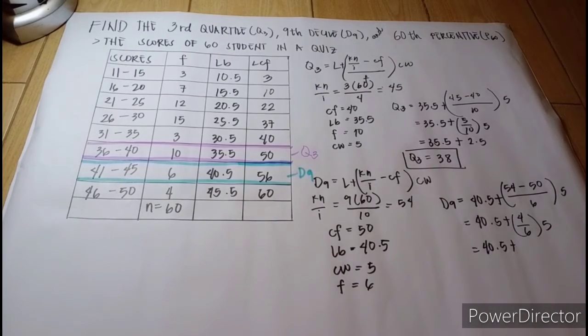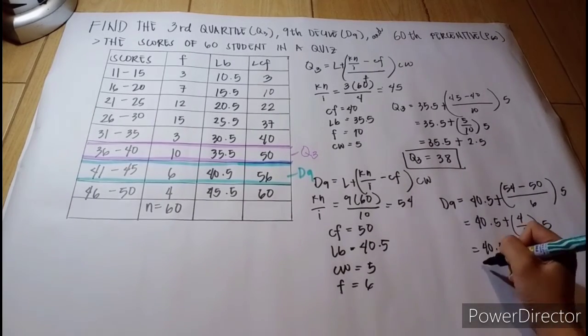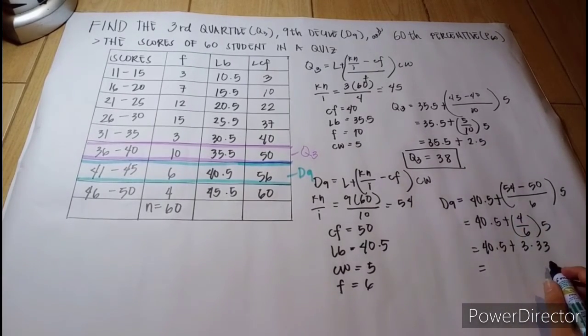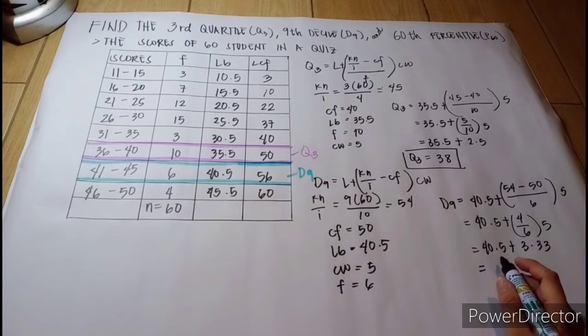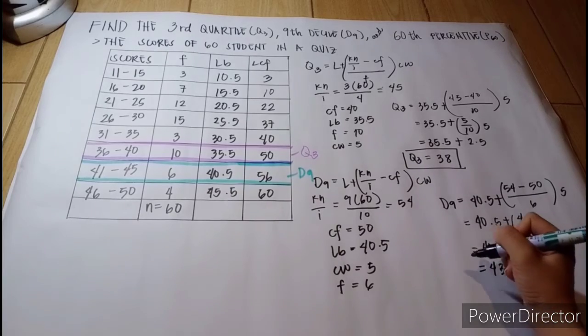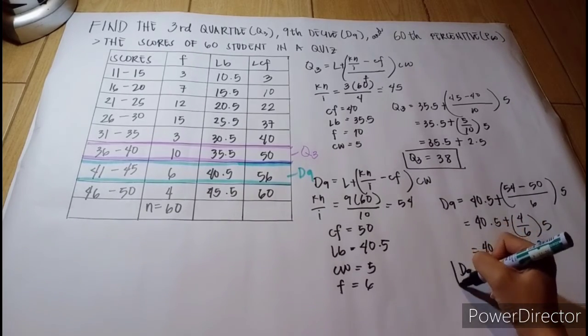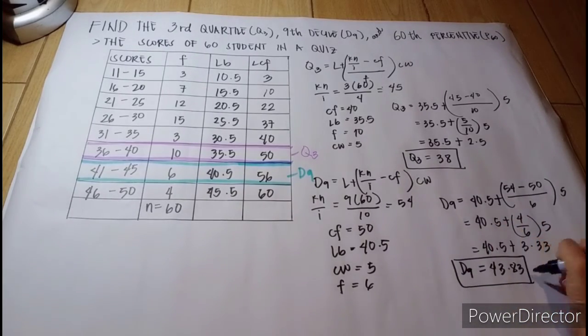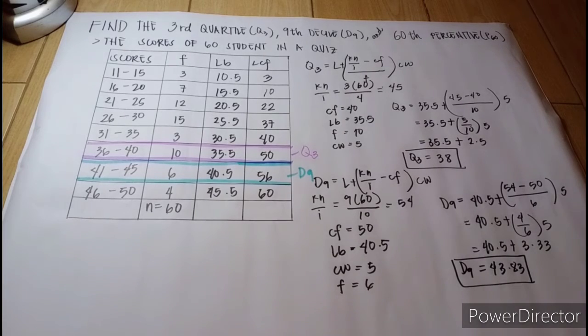Then 4 over 6 times 5, that is 3.33. 3.33 plus 40.5, that is 43.83. Therefore, the ninth decile is equal to 43.83.